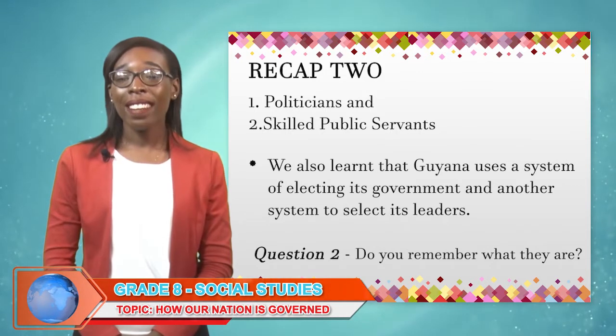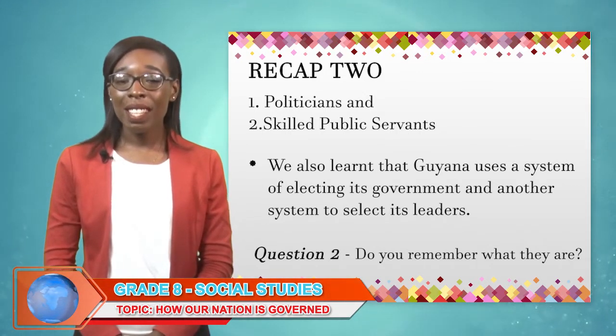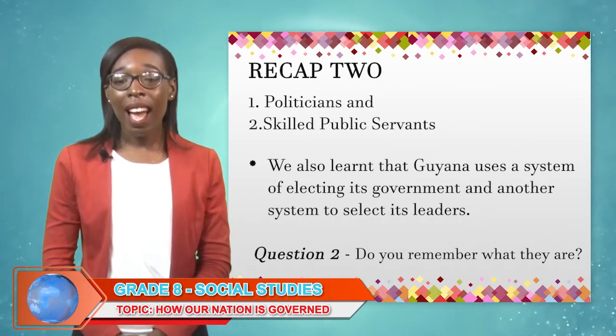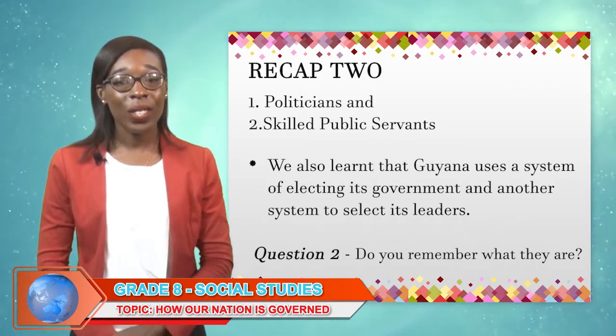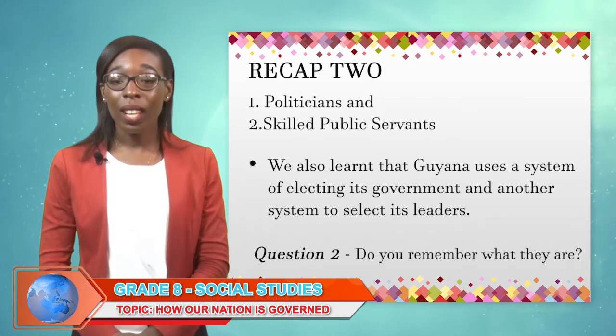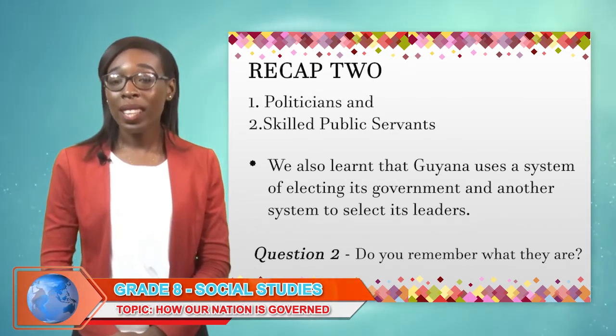We also said that government uses a system of electing its government and another system to elect its leaders. So this is our second question. Do you remember what they are?